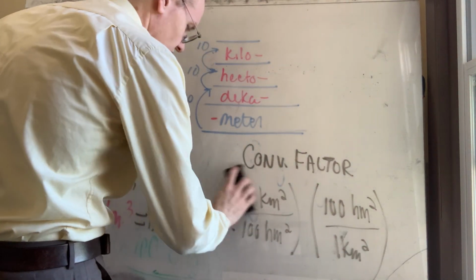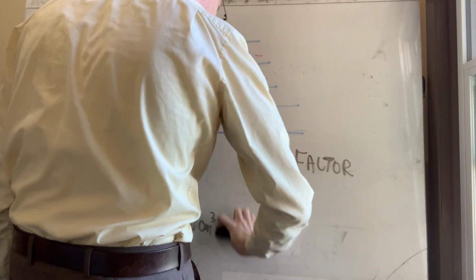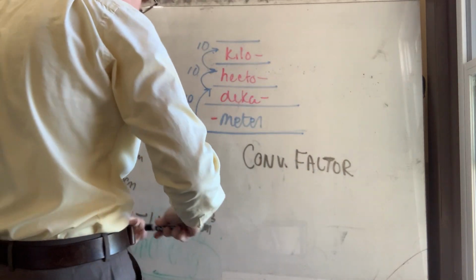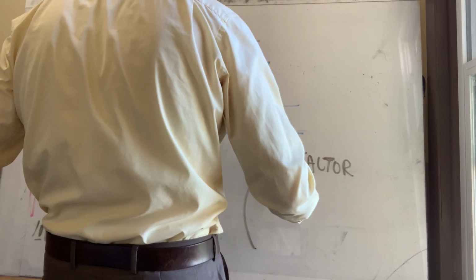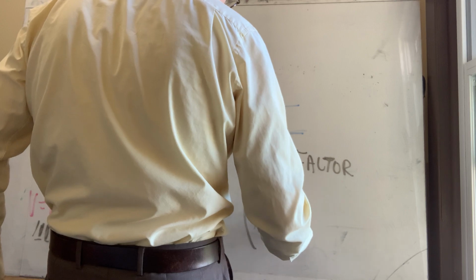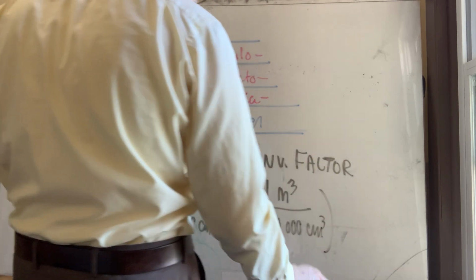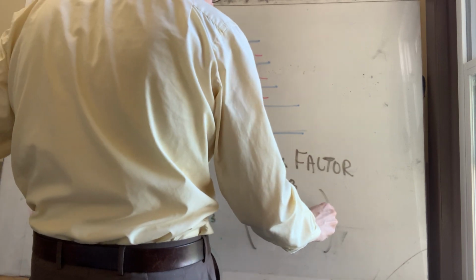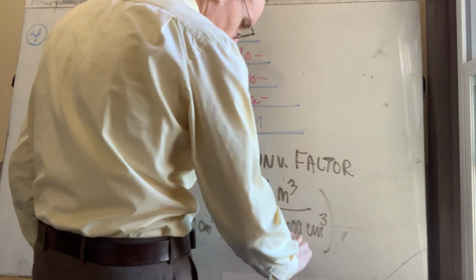So for the sake of space, I'm going to erase this. Okay. You could either have it oriented with meters on top and cubic centimeters on the bottom, or vice versa. Or in theory, if you're familiar with scientific notation, you can simply write this as 10 to the 6th.